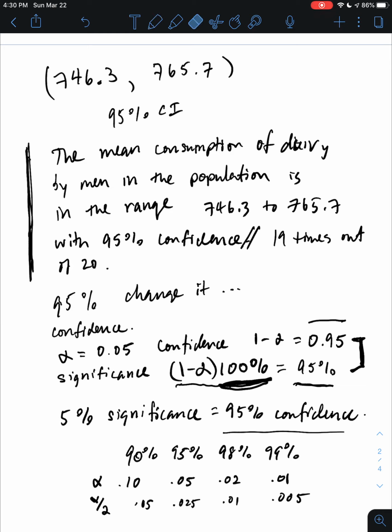I guess maybe I can fix that crushed up little alpha there. Okay, so alpha over 2 is those numbers. All right, so we're going to vary our calculations now and look at what happens when we change the confidence level, or correspondingly we change the significance level.